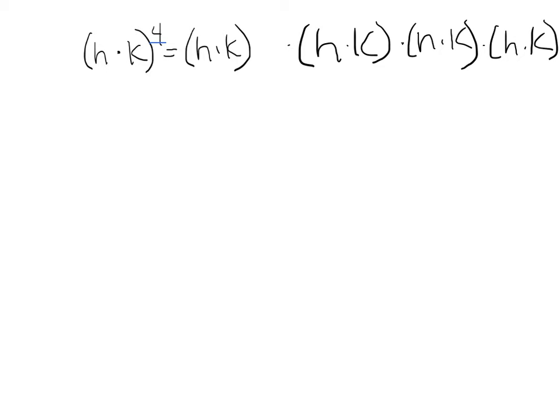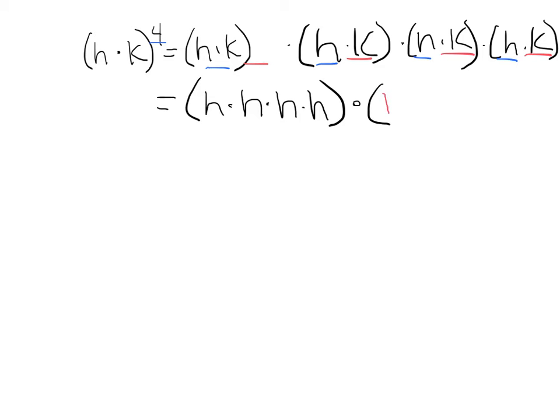And just like in the last problem, now I can regroup all my h's together and all of my k's together. So I have a total of 1, 2, 3, 4 h's. So I have h times h times h times h, all multiplied by 4 k's. So we get k times k times k times k.